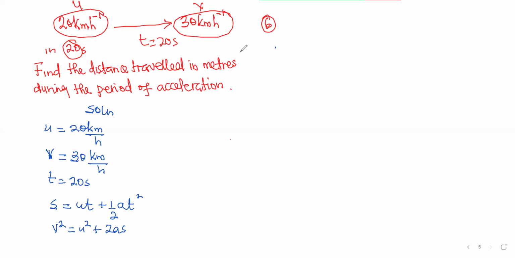So let's use equation 1 to find the acceleration. So A is equal to V minus U over T. It means that we must change U from kilometer per hour to meter per second, because meter per second is the SI unit.